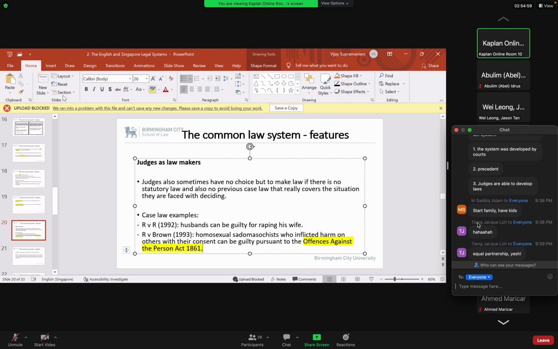This is a statutory law, and according to it, if you commit assault, that means you hurt a person in these circumstances, this is regarded as a criminal offense. But that's not the issue. We want to look at how judges developed law here. What was so interesting is that the courts had to decide on the defense of consent.